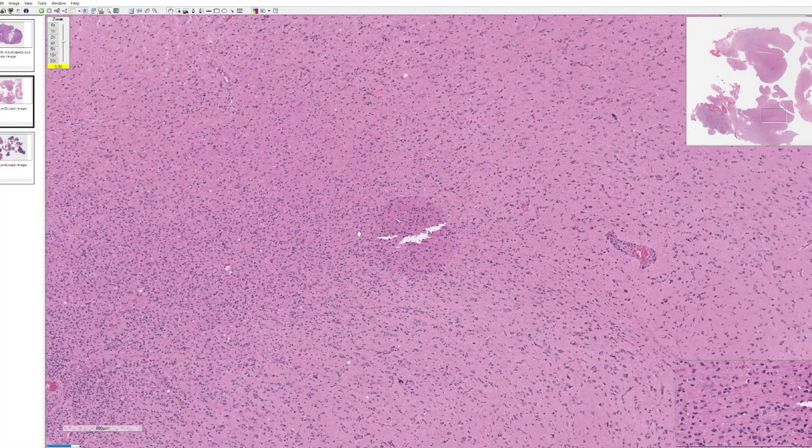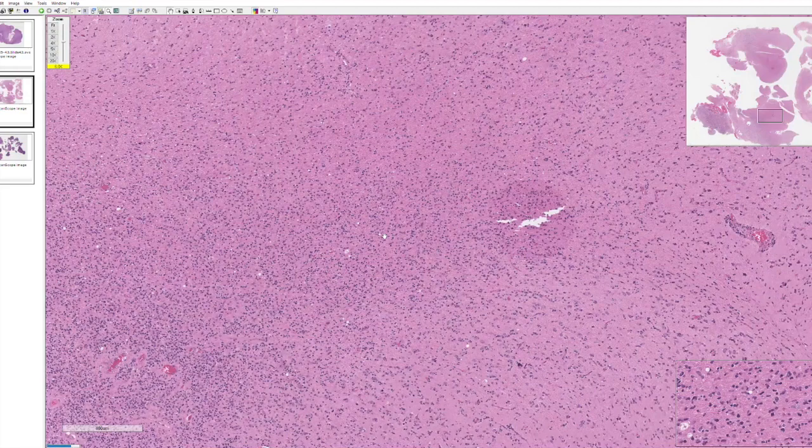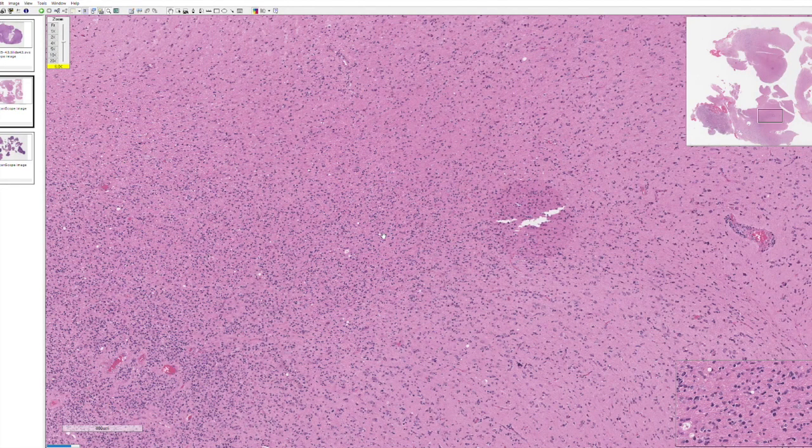Now, interestingly, as we talked about, some of these very features are again reminiscent of stem cells of normal development.